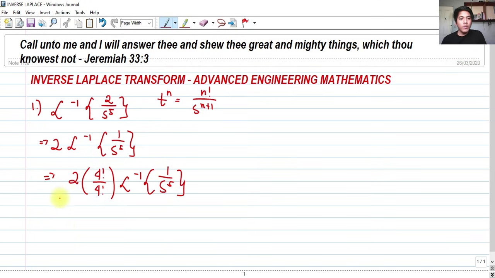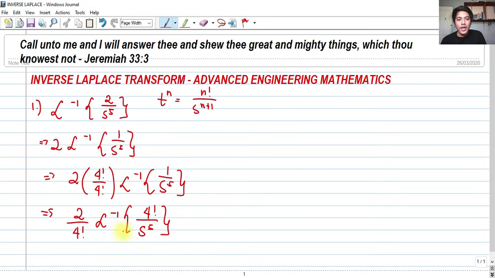So we let this 4 factorial inside the Laplace transform. That would be 2 over 4 factorial times the inverse Laplace of 4 factorial over s raised to 5.